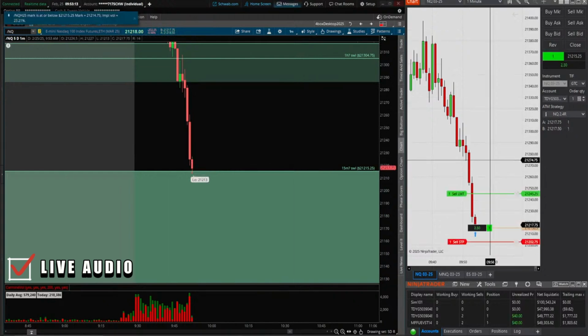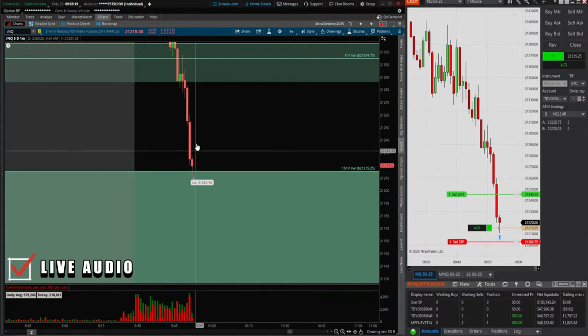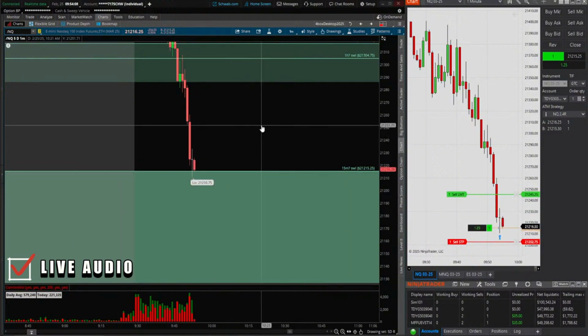Alright, filled me in. Want to see a quick wick and back up. 17 points at most. The second retest. This candle should not close back below this level. If it does, I might just exit early.